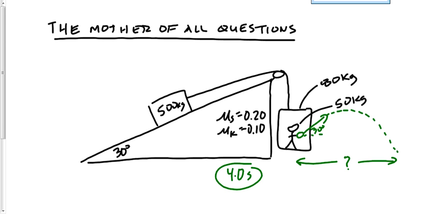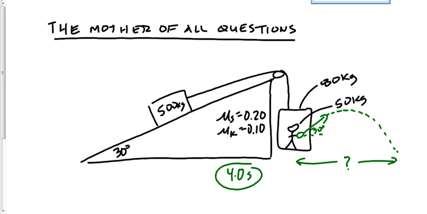So here's what's happening, guys. Just to reiterate here, we've got an elevator on a pulley, on an inclined plane with a person inside the elevator. The person has a ball in his or her hand.